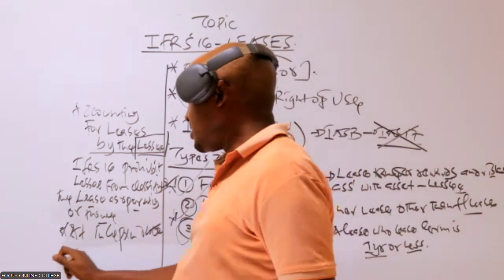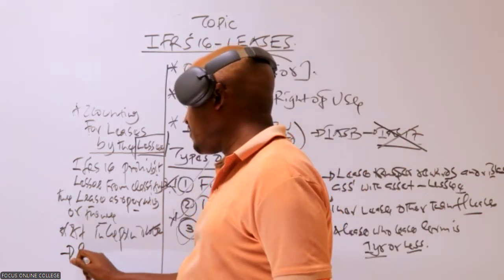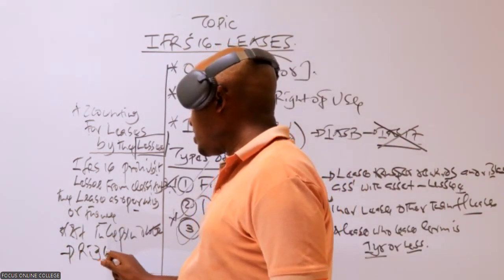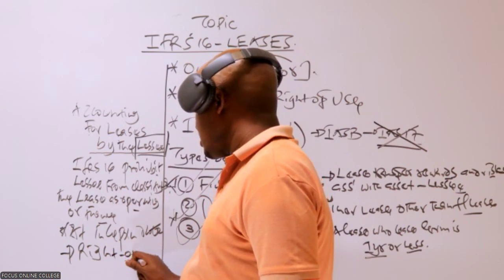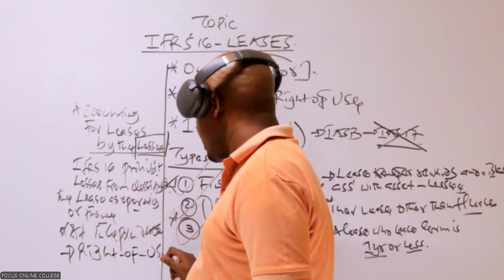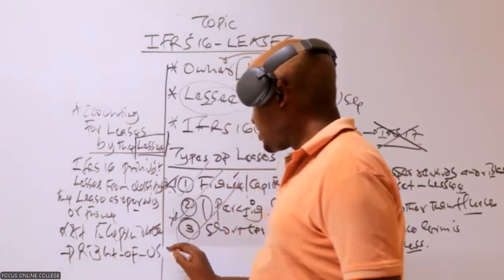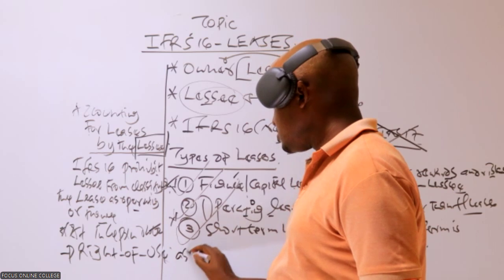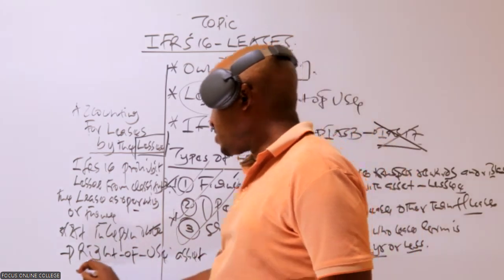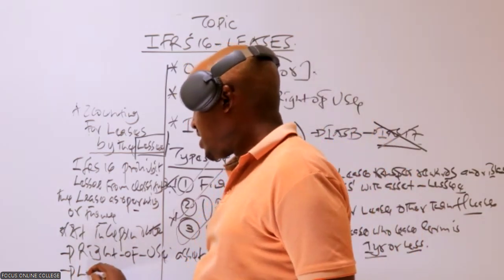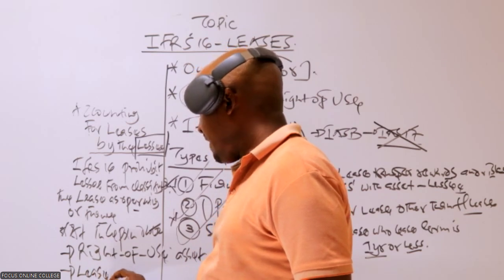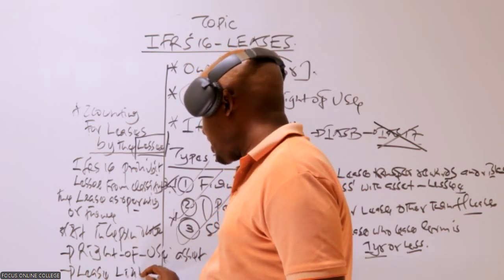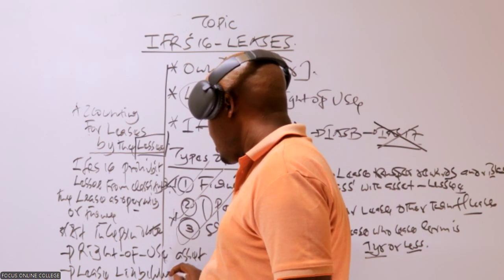this person is required to recognize two items in his books of account. One, something called the right of use asset. And number two, he is also supposed to recognize something called the lease liability.